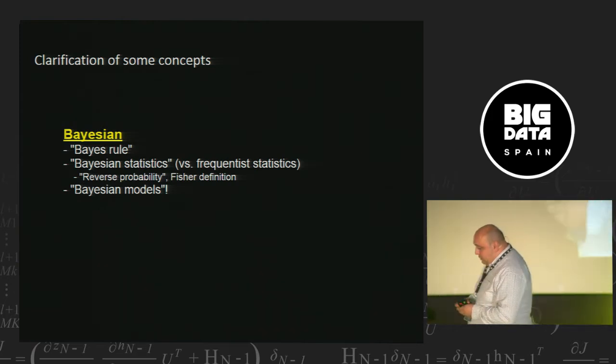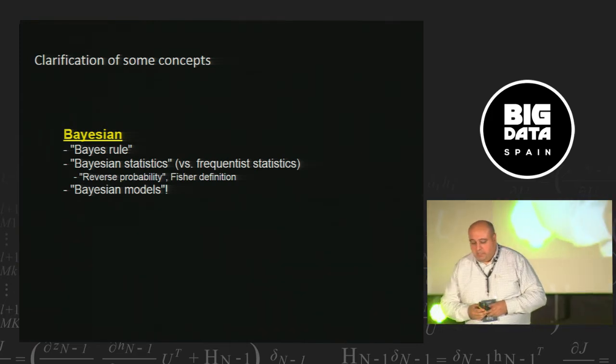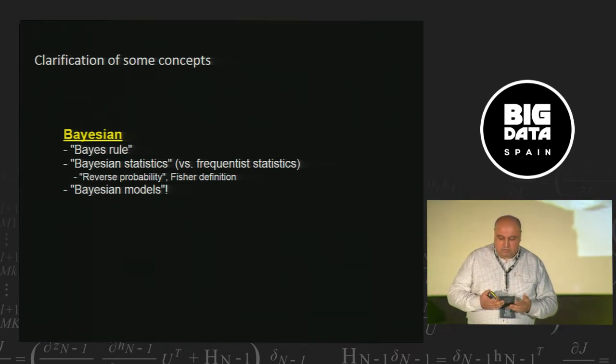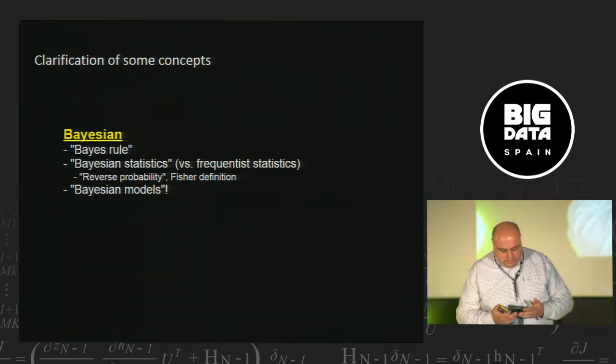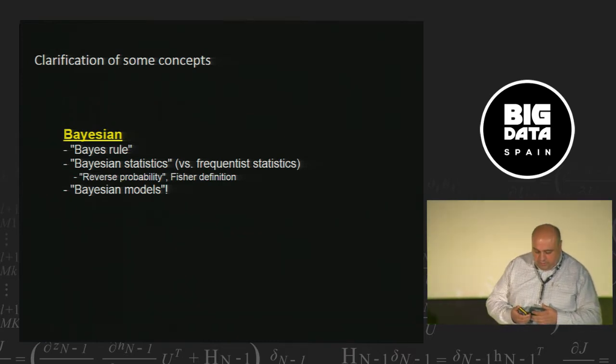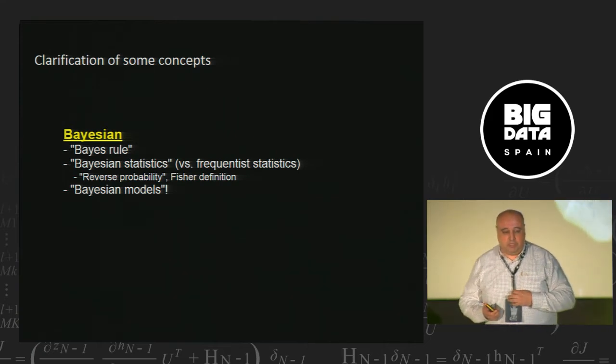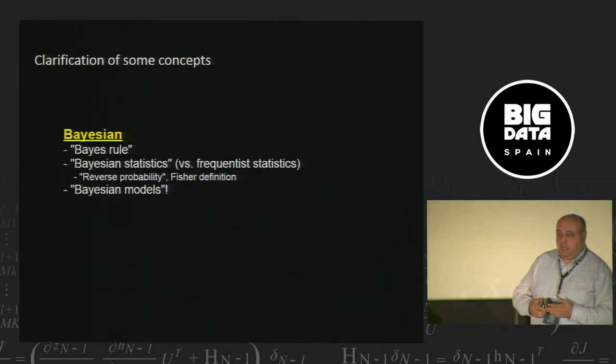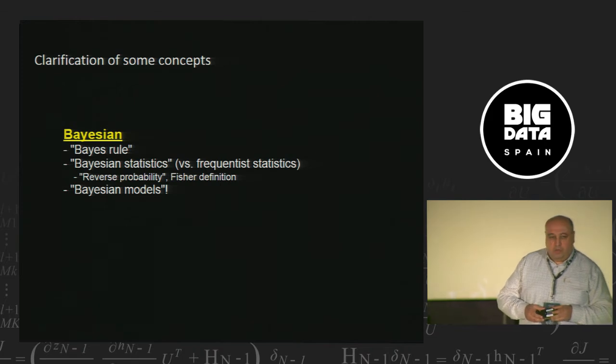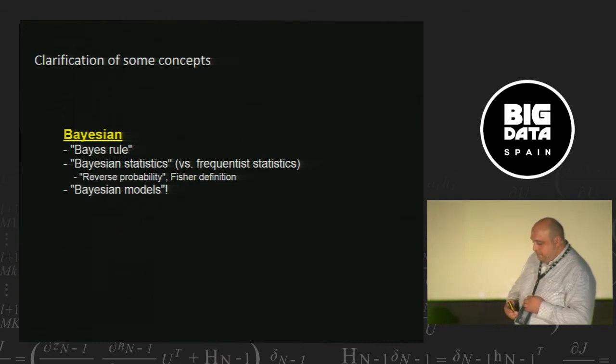There is this old confrontation between Bayesian statistics and frequentist statistics. And this is actually, I think, a bit of an old story, and I think we are pretty much past it.